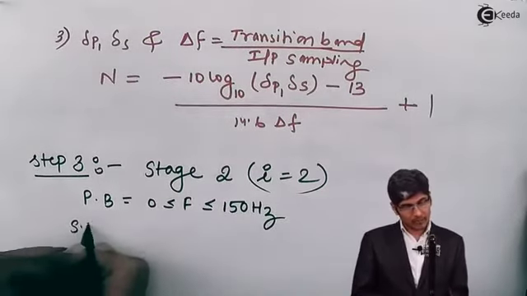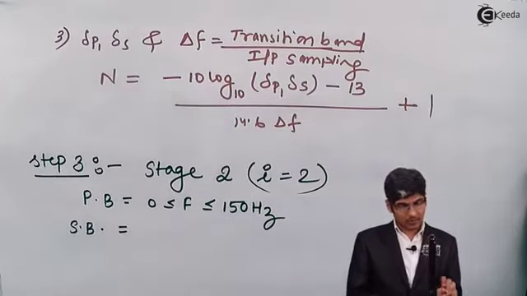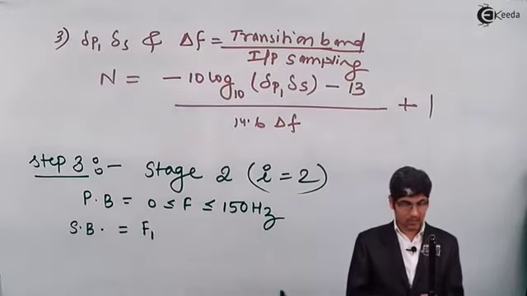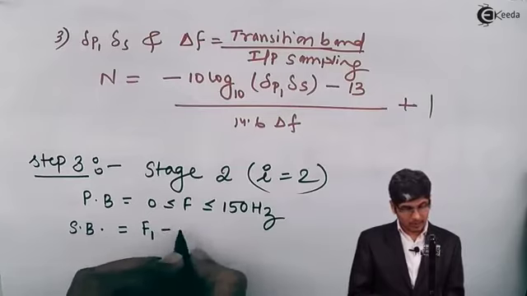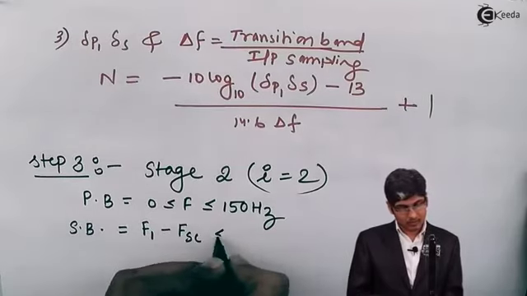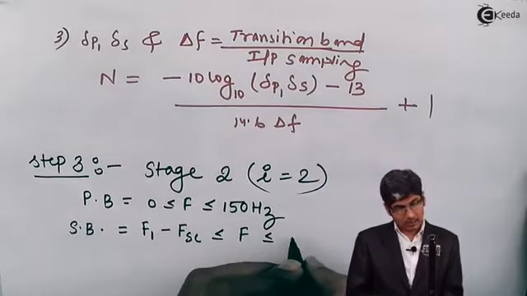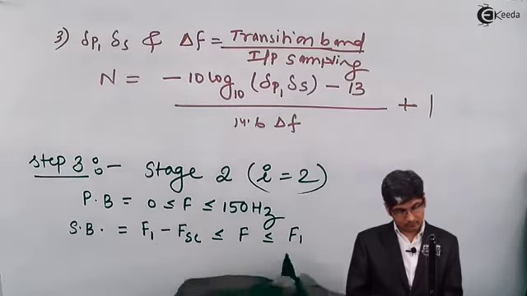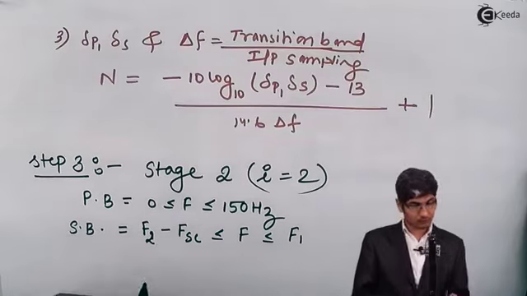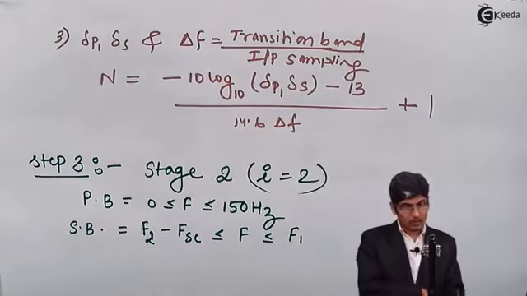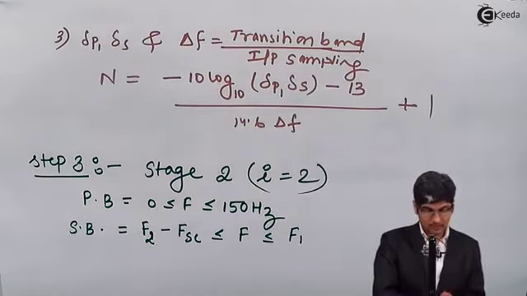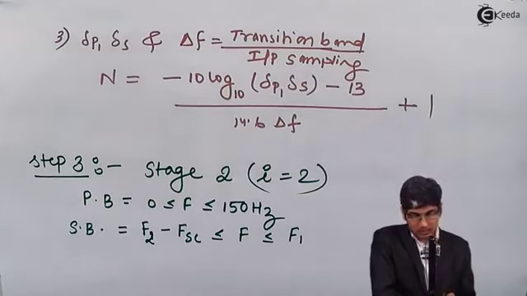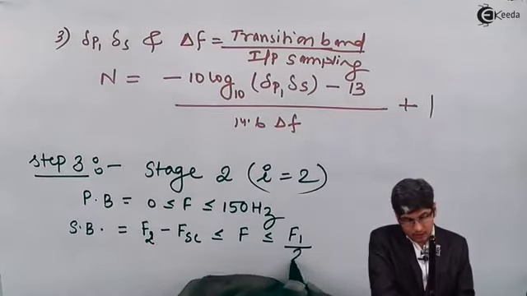Then what will be the stop band? Now in the stop band we have to take care. Now it will be F1, isn't it? F2 minus FSC less than or equal to f less than or equal to F1 by 2.